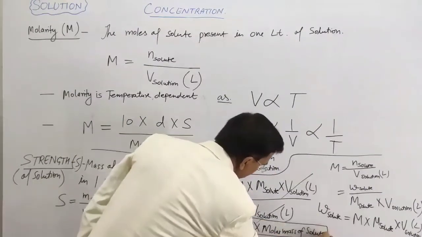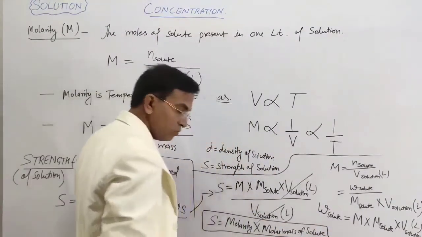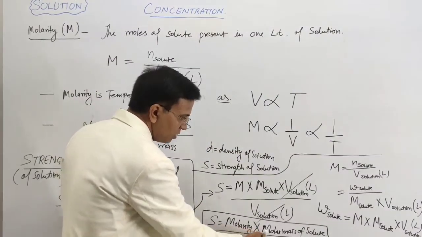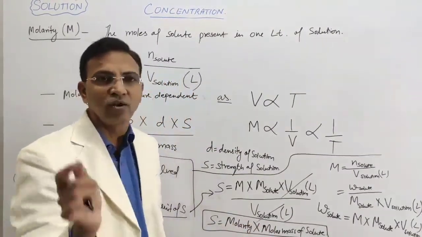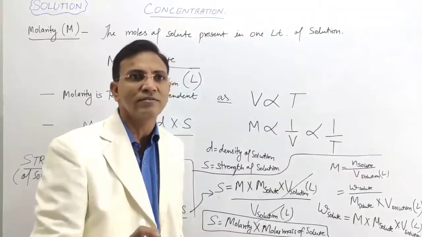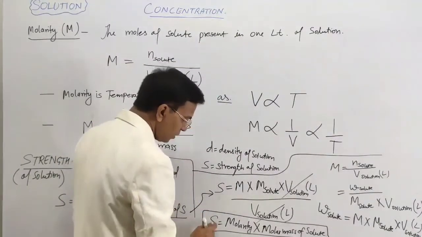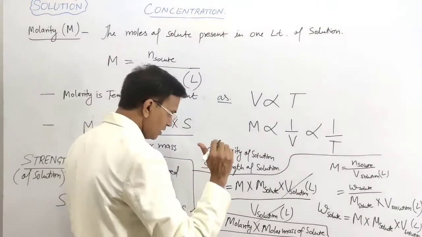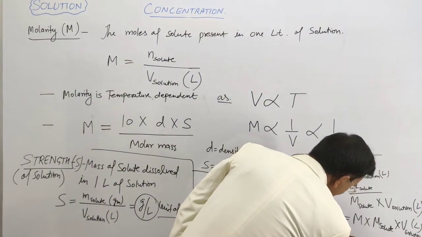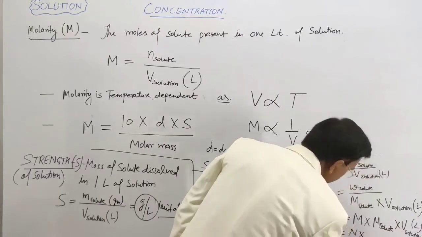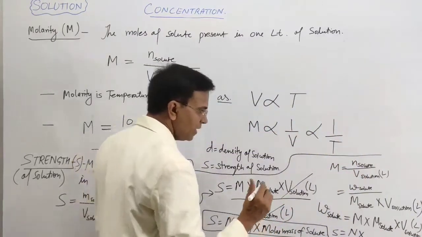So this is the next formula of strength, and we know that molarity into molar mass is equal to normality into equivalent weight. So S can also be written as normality into equivalent weight.